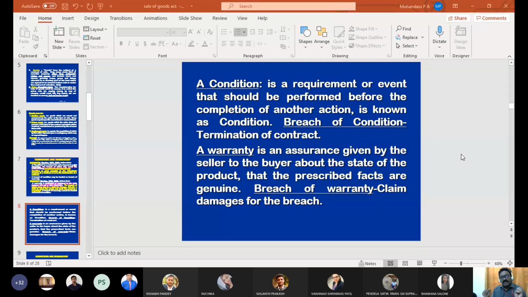I will not ask you what is called express condition, express warranty, because everything is given to you. Let us look at the implied condition. What is condition?